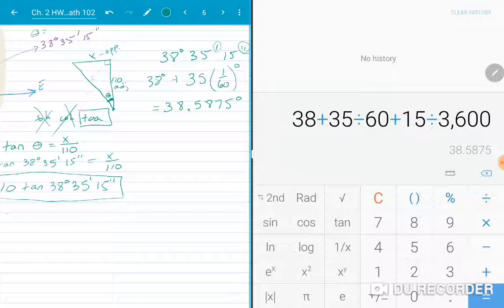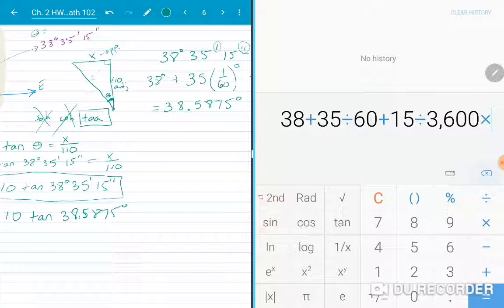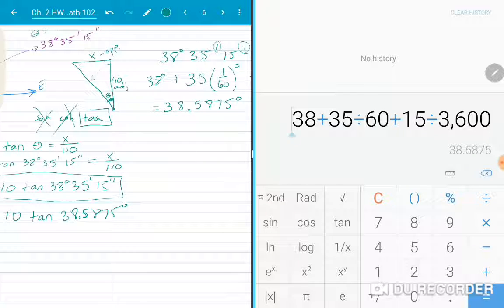So we have 110 tangent of 38.5875 degrees. So I'll take tangent of that. Oh, no, can't do that with this calculator. I think I can do this though.